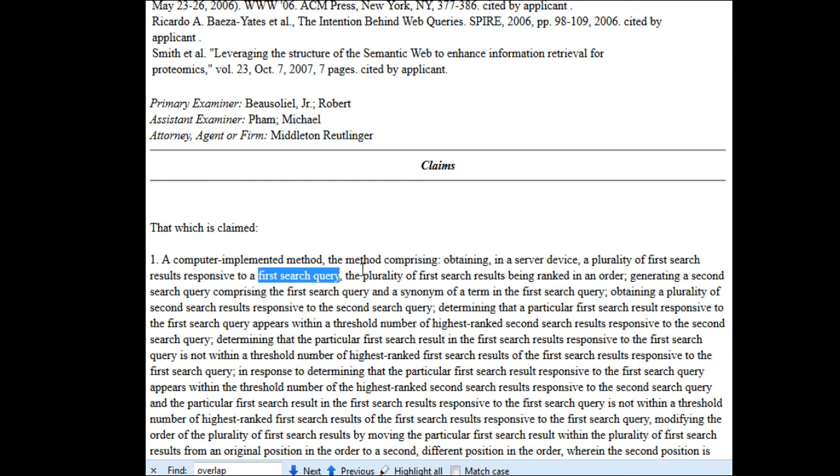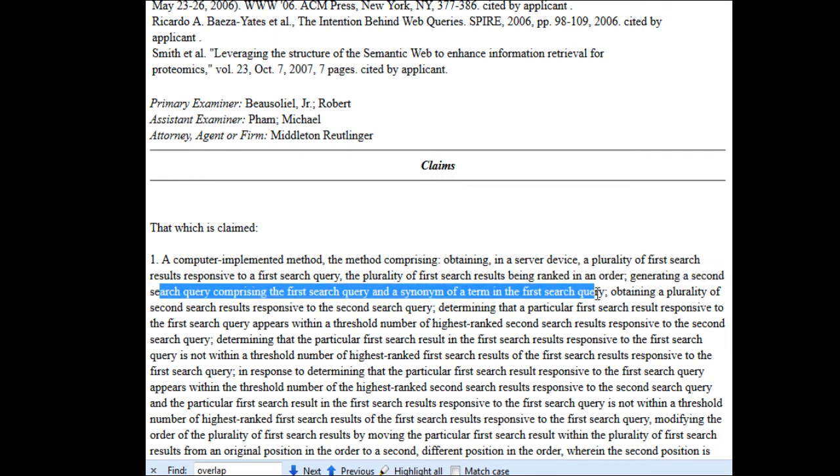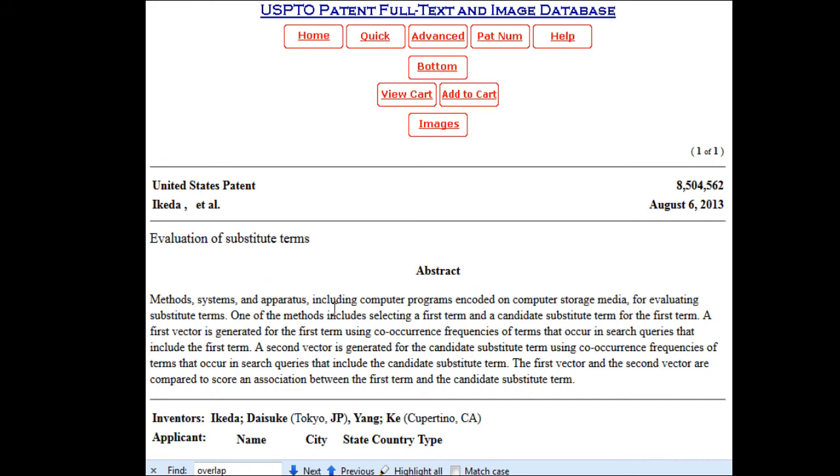And the plurality of the first search results being ranked in an order, generating a second search query comprising the first search query and a synonym of the term in the first search query. All right, so that's why we were over here a minute ago just talking about synonyms.